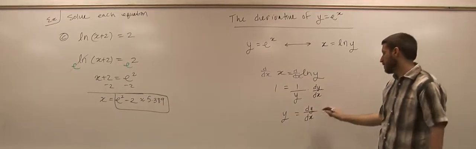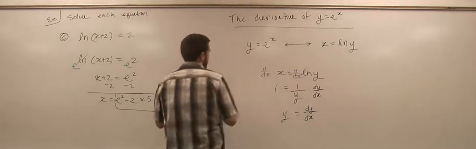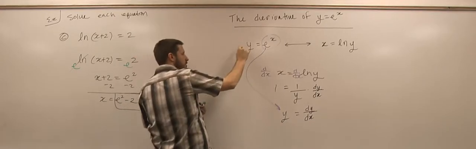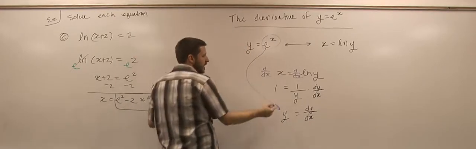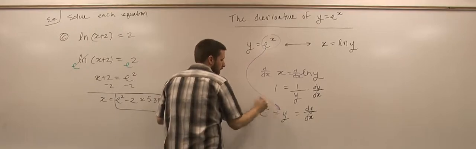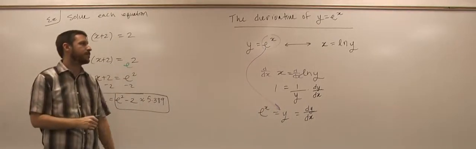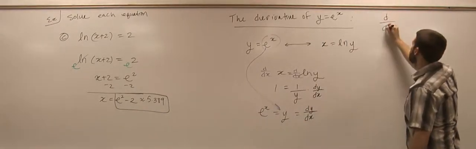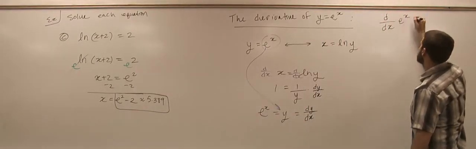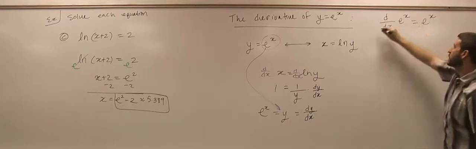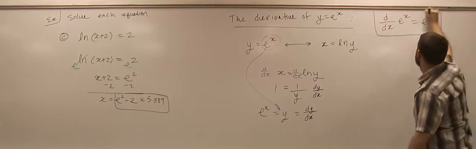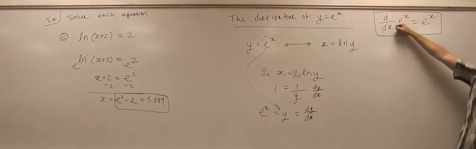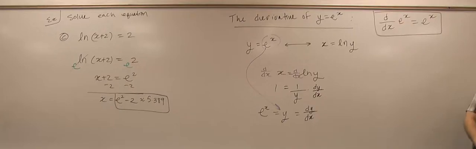Or, if you plug back in, because we started with the assumption that y is equal to e to the x, we get e to the x back. So when you do the derivative of e to the x, you just get e to the x. The slope of this guy is equal to the y value of this guy.